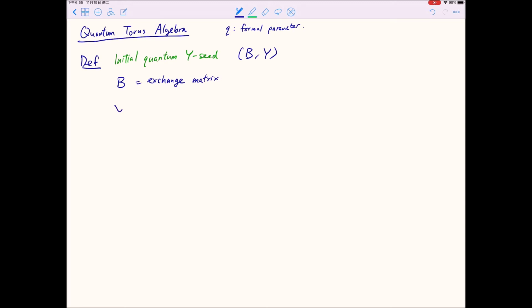And then Y will be a collection of non-commutative variables. Two variables are non-commutative, but they definitely should satisfy something. So they will satisfy the following relation defined by the exchange matrix.